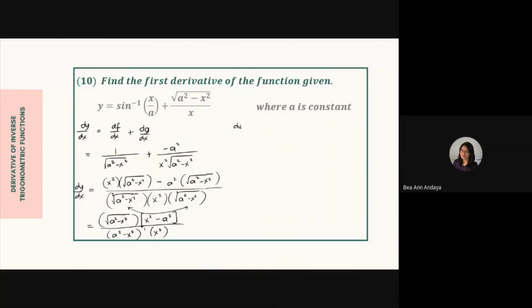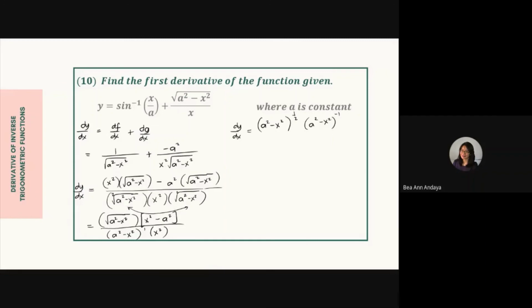So, the dy all over dx now, pag gagawin mong negative yung exponent nito, magiging a squared minus x squared, this first term is raised to 1/2. Tapos ito namang nasa baba, a squared minus x squared, that is raised to negative 1.